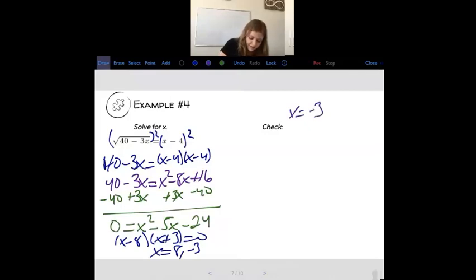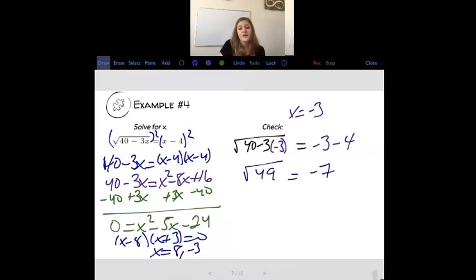So we would plug it into the original, and then simplify. So this would be the square root of 49 equal to negative 7. The square root of 49 is just 7. Okay. So with that, this is not true.